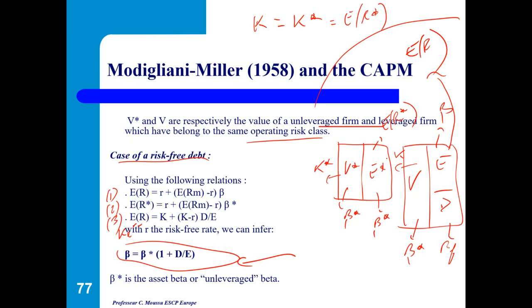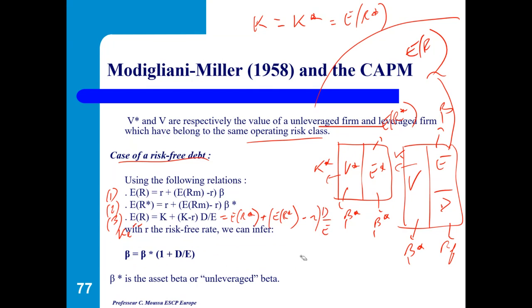So here I can write ER star plus (ER star minus R) D over E.